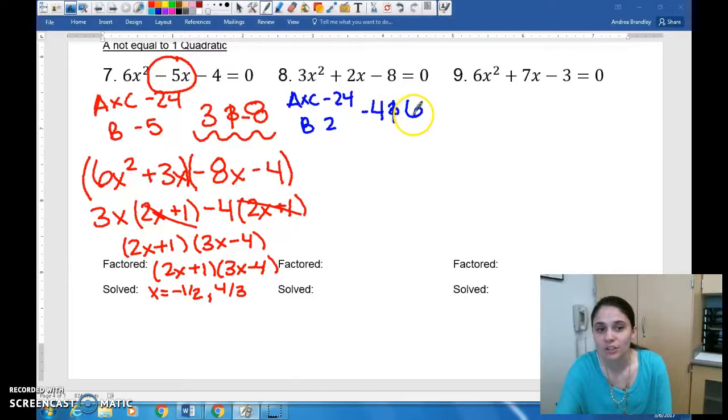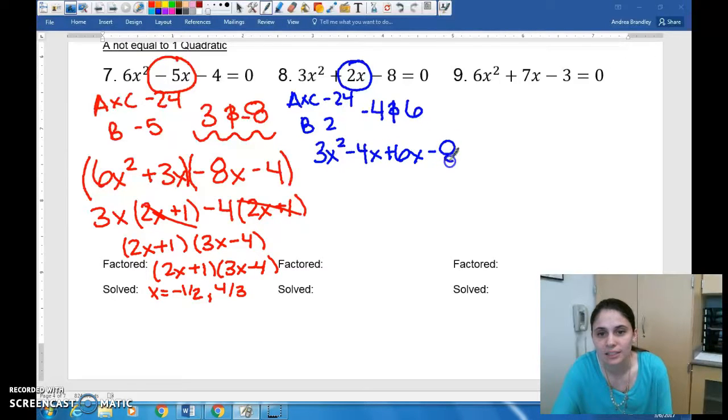Now remember, I can't just immediately put those in parentheses. I've got to use them to split up this term. So I'm going to have 3x squared minus 4x plus 6x minus 8. And then I can factor by grouping. So I'm going to group this side, group this side. So on this side, the only thing I can factor out is just 1x, because 3 and 4, the only thing that goes into that is 1.